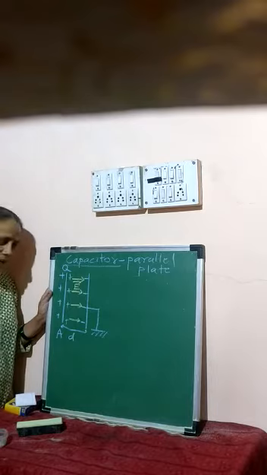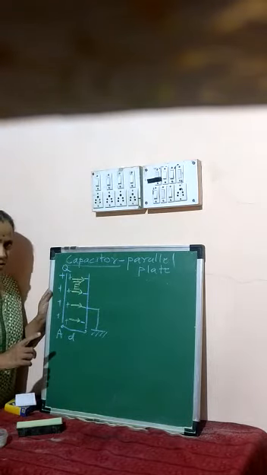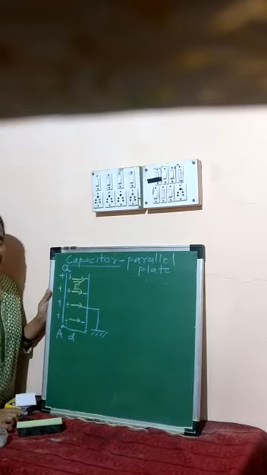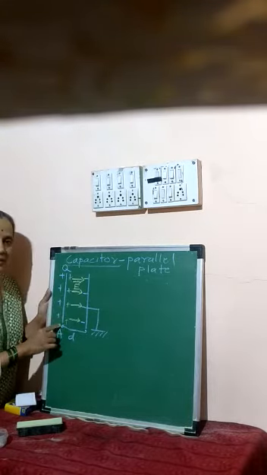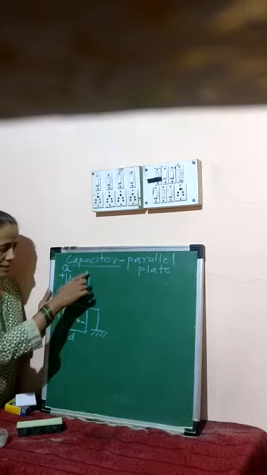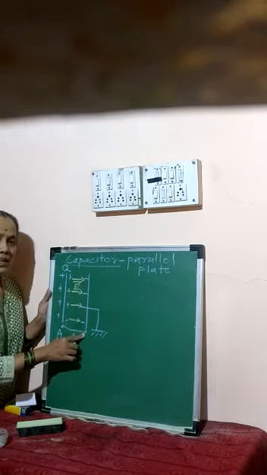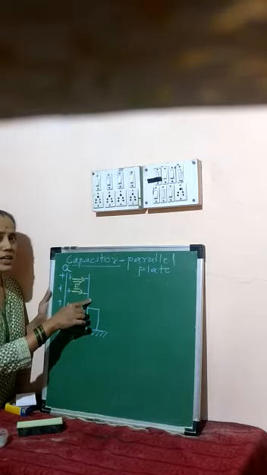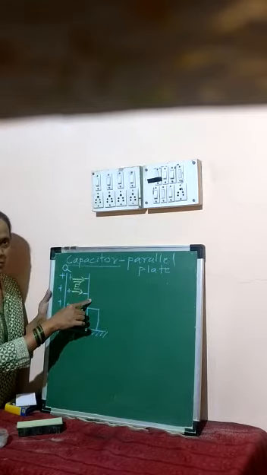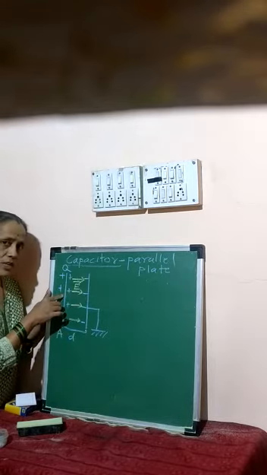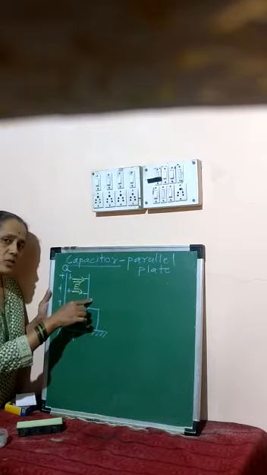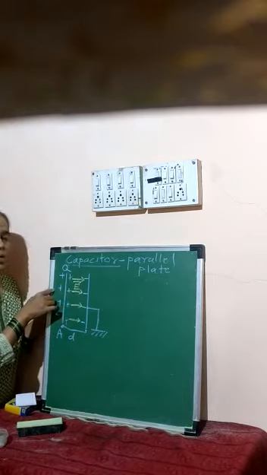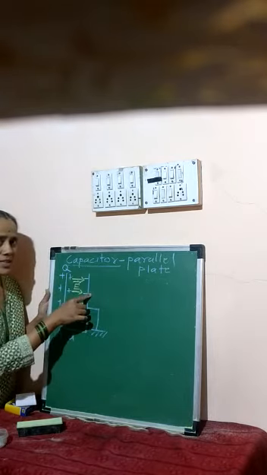Now what happens? Already in electrostatics we have seen the electric intensity due to an infinitely long sheet. This is one conductor of infinitely long length, and this is the second conductor of infinitely long length. On the first plate the charge is Q, on the second plate the charge is minus Q. So the first plate gives rise to intensity, and the second plate also gives rise to intensity. The first plate's intensity direction is outward, the second plate's intensity is inward.